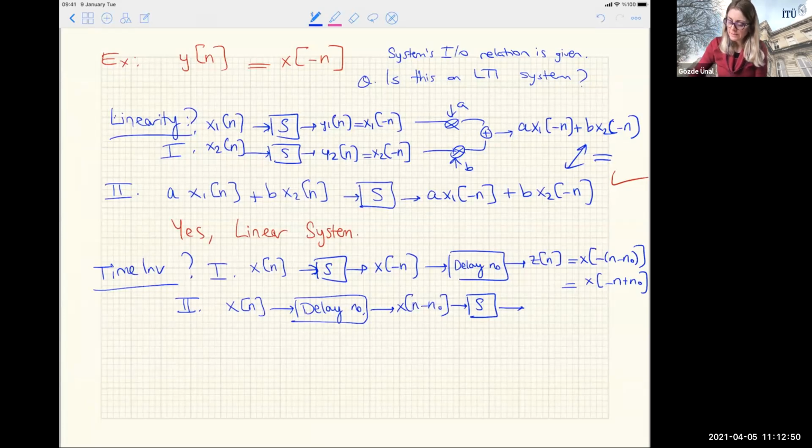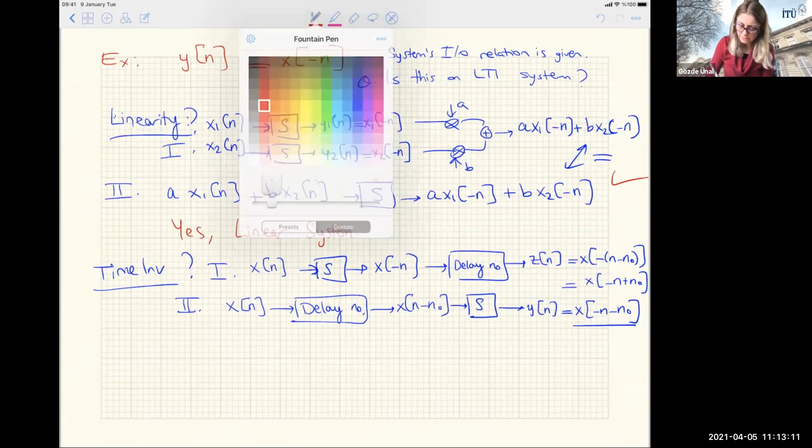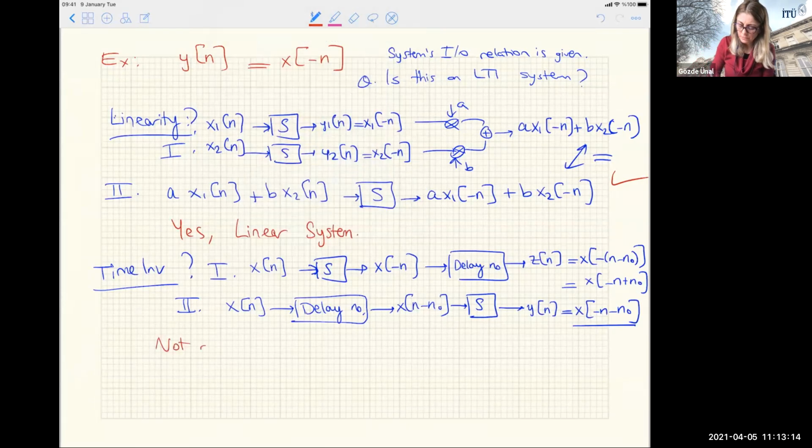Every year I know people get really confused by this, but my result here is x of minus n0. So you see, they are not equal. So this is not a time invariant system.